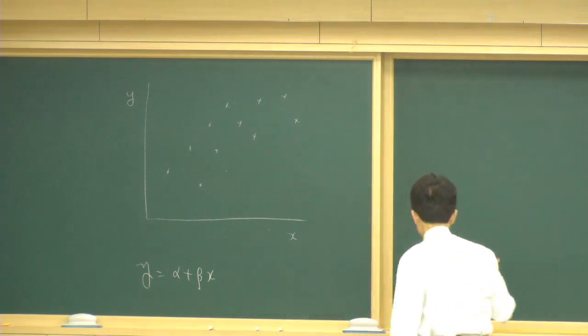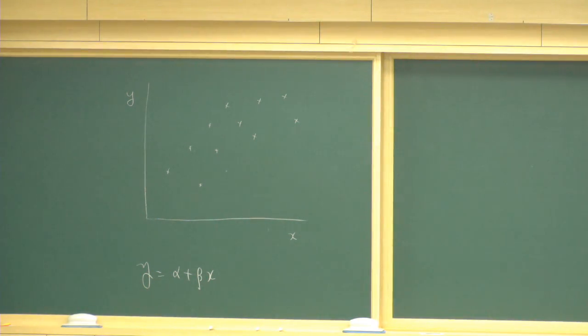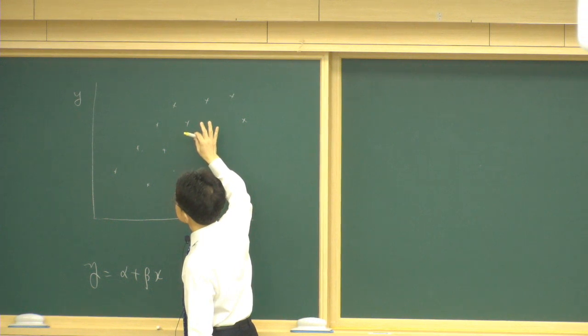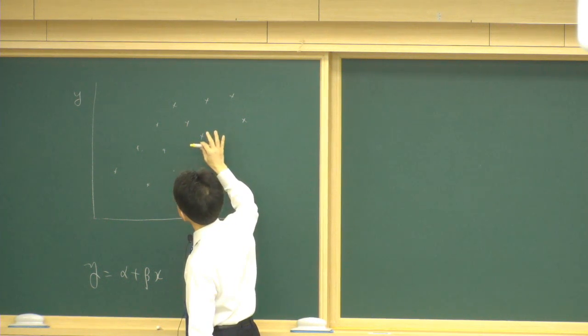So somehow we have to make some sort of judgment about what might be the best linear relationship that describes the actual relationship between these two variables.